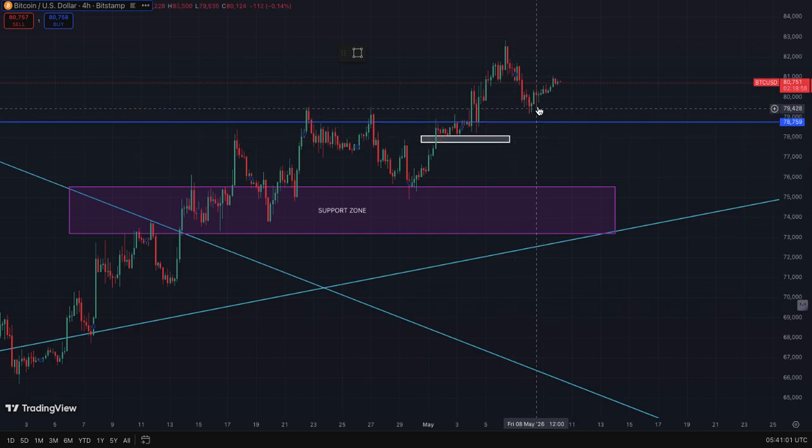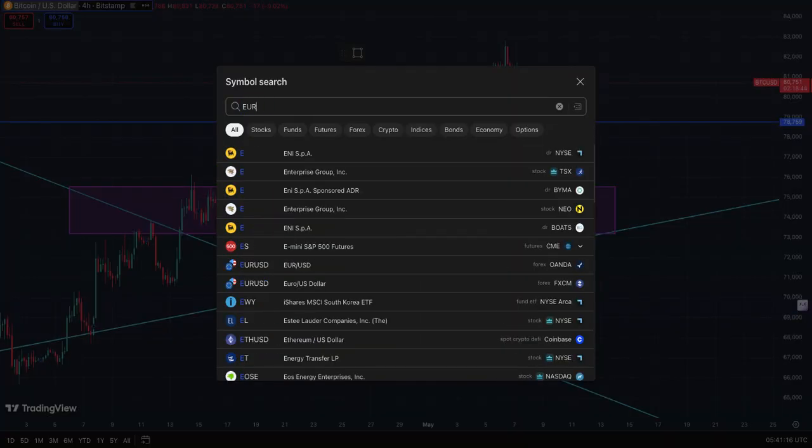So I'll be looking to enter this buy setup at liquidity zones or discount zones for me to buy this BTC price. So let's quickly go to EURUSD.